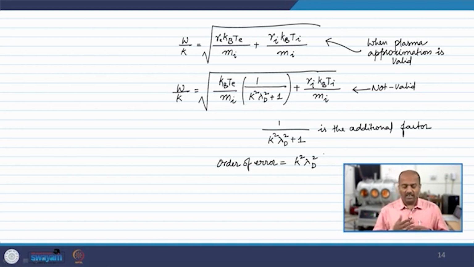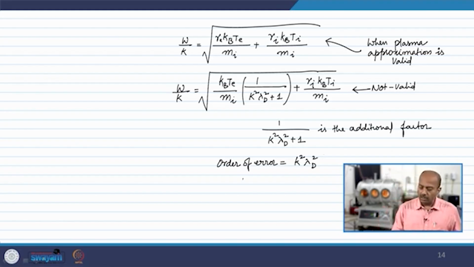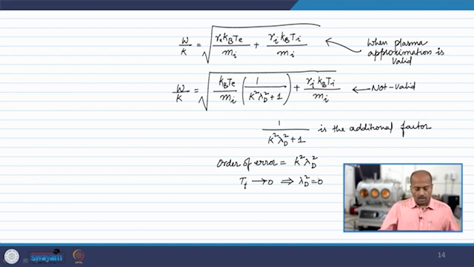So, we know generally that lambda_D is very small when we consider plasma. Since lambda_D is very small, the order of error is also going to be very, very small for long wavelength waves. Further, we can also say that when the temperature of ion tends to 0, we can simply write lambda_D square is equal to 0, right.